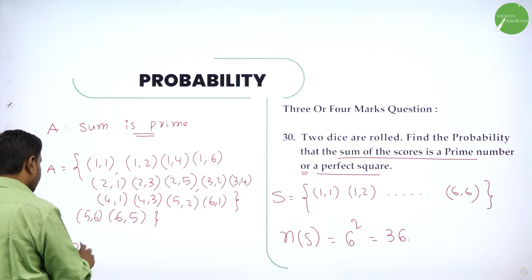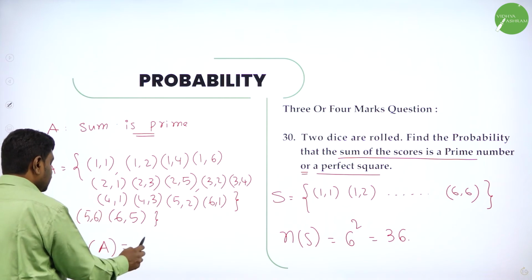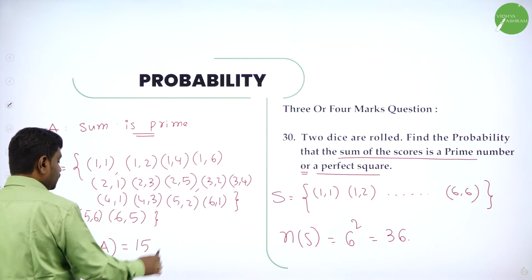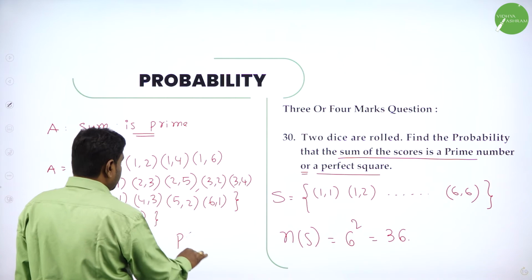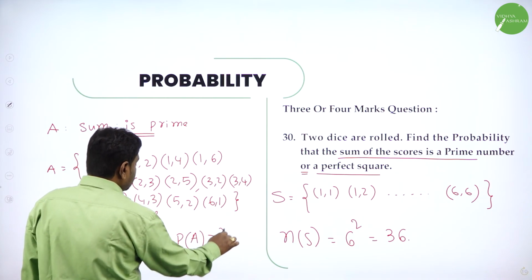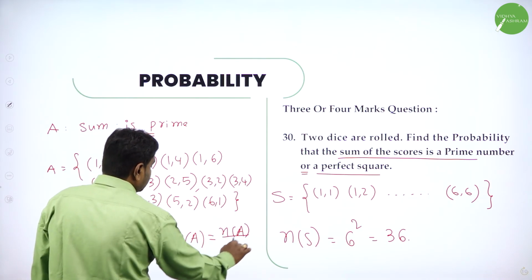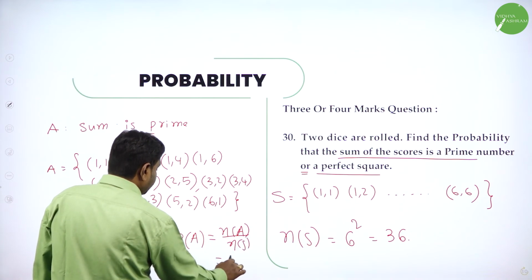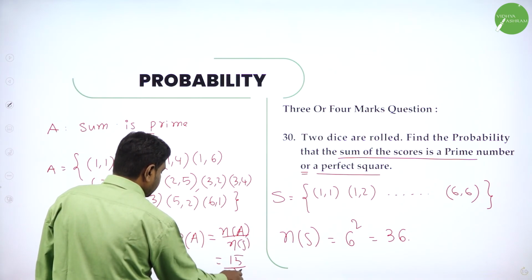So total n of A, the number of outcomes where the sum is prime, is 15. So P of A, the probability that the sum is prime, is n of A by n of S, exactly 15 by 36.